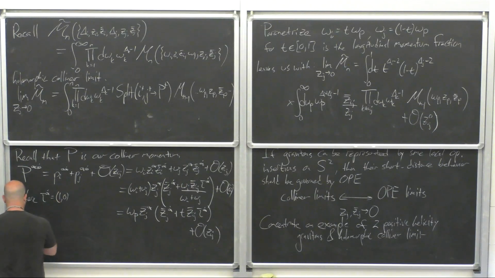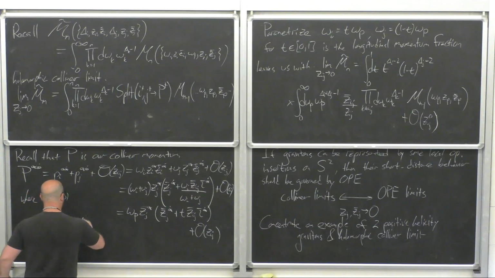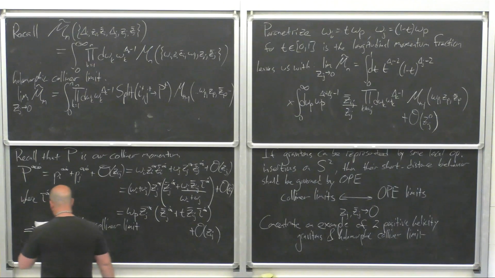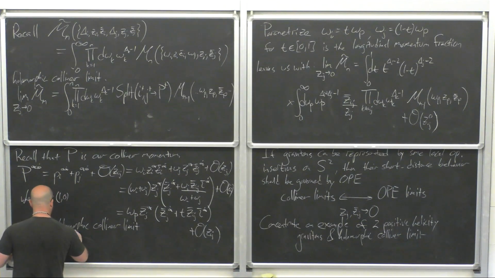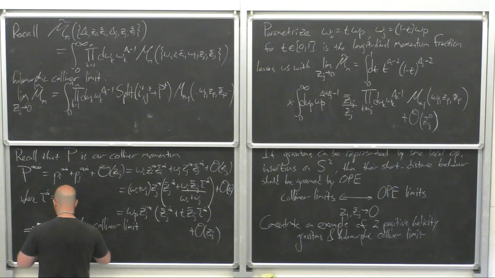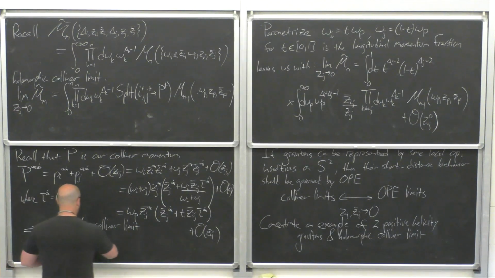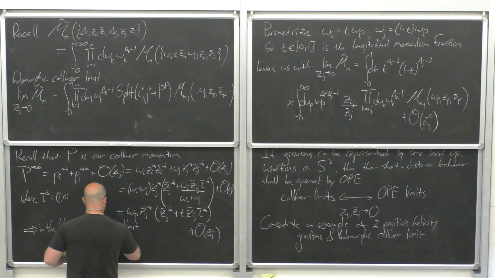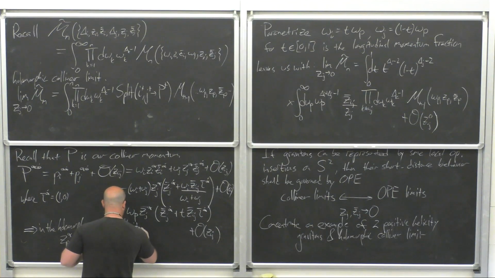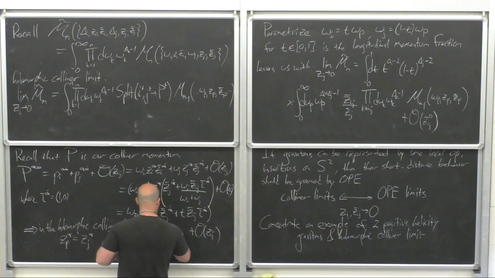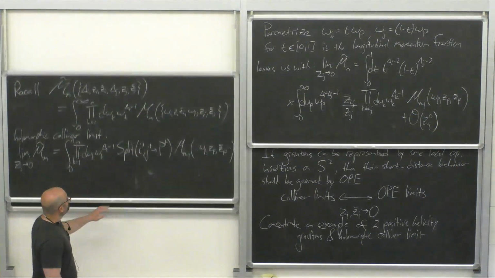So in the holomorphic collinear limit, we can identify z p alpha with z j alpha, up to corrections that we're going to neglect in that limit, and z bar p alpha dot with z bar j alpha dot plus t z bar ij iota bar alpha dot.